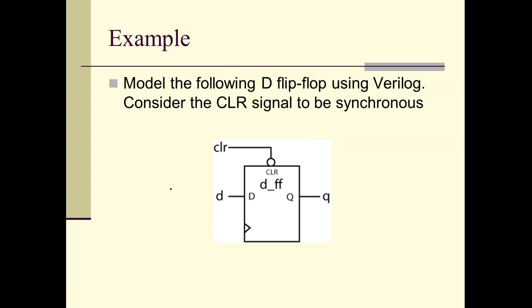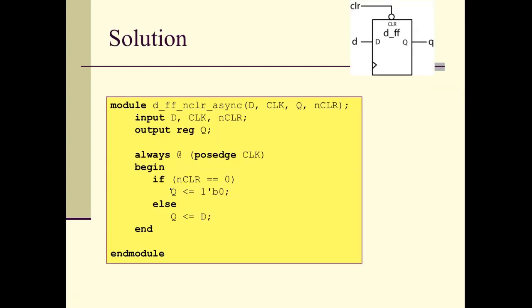The next thing we want to do is the same circuit, but make it synchronous. The whole idea here is to get rid of that neg edge regarding the nClear signal. So the only thing that's going to kick this always block off is a rising clock edge. When there's a rising clock edge, the first thing it's going to do is look at the clear.